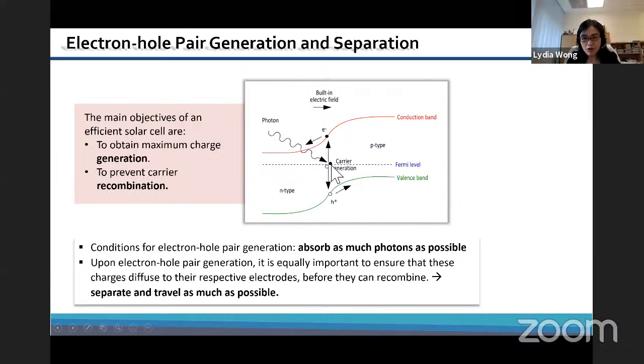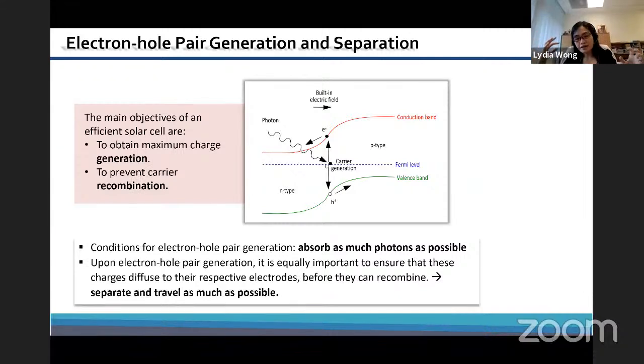Photons are absorbed in the semiconductor in the p-type and n-type, and then electrons will go to the conduction band, holes will remain in the valence band, and holes will move to the p-type, electrons will move to the n-type. Now, what makes an efficient solar cell? An efficient solar cell is a solar cell that can produce as much electricity as possible, right?